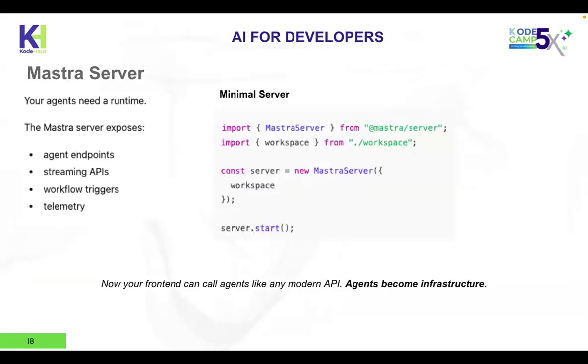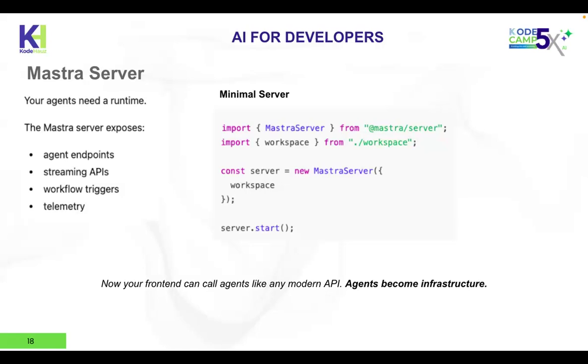So there's another thing that Mastra also allows us to do, which is the Mastra server. So Mastra server is basically a server that allows you to run your agents as an endpoint, right?